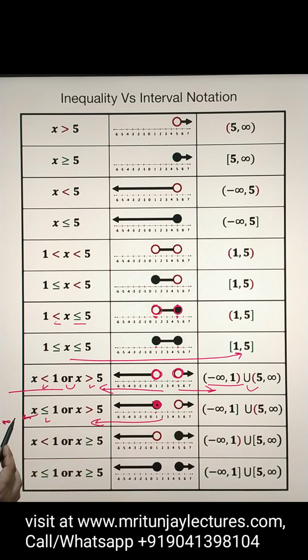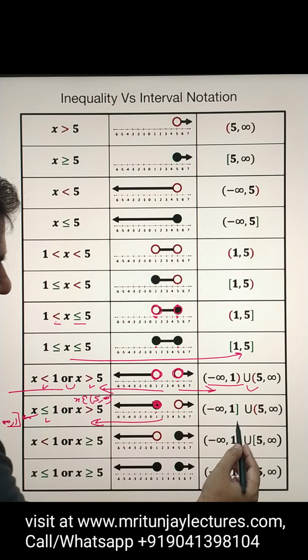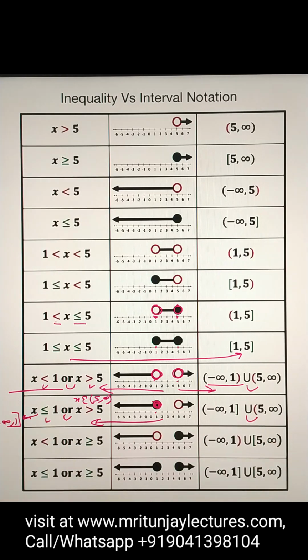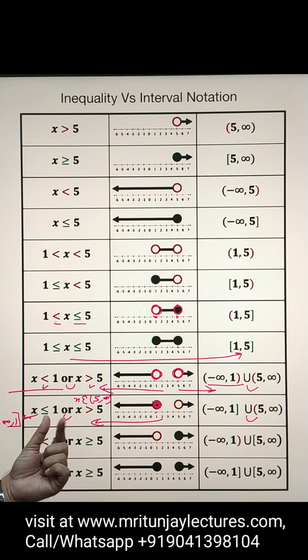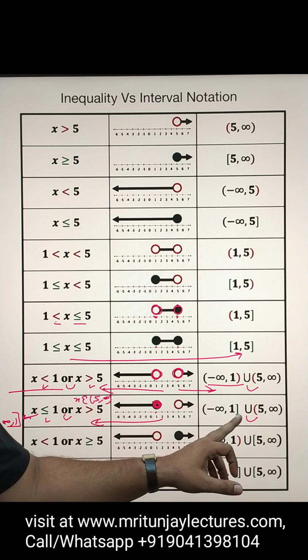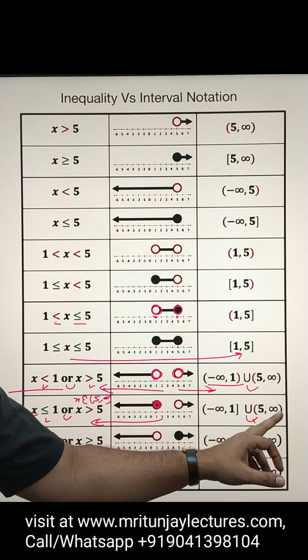Minus infinity to 1 closed, or x greater than 5 means the open interval 5 to infinity, and here the word "or" means union. So this one is written as minus infinity to 1 closed, union open 5 to infinity.